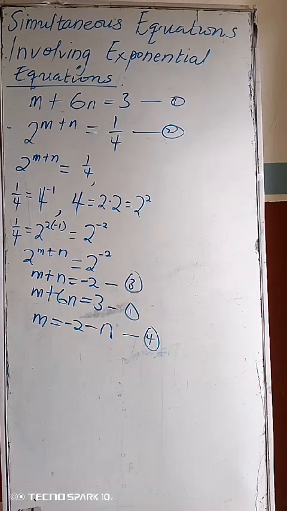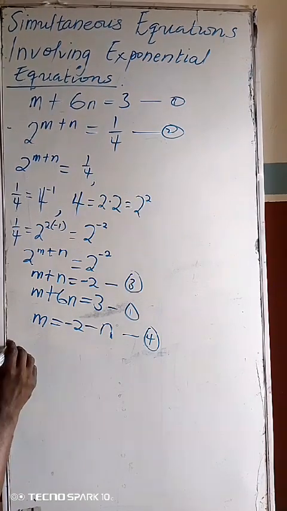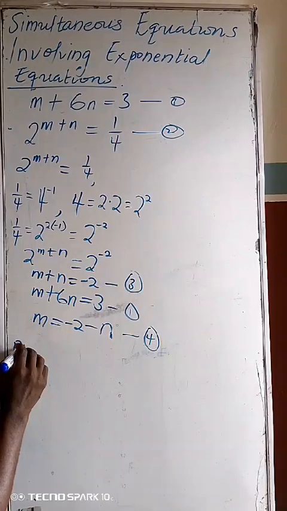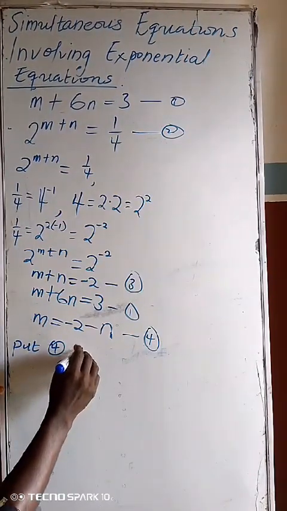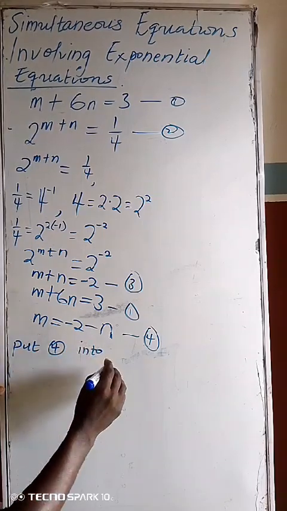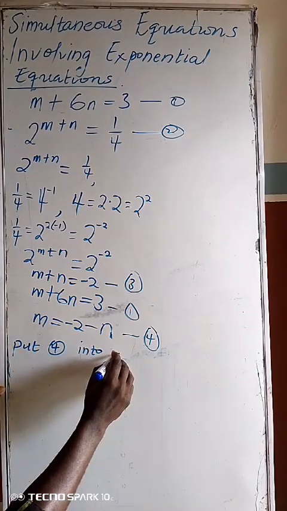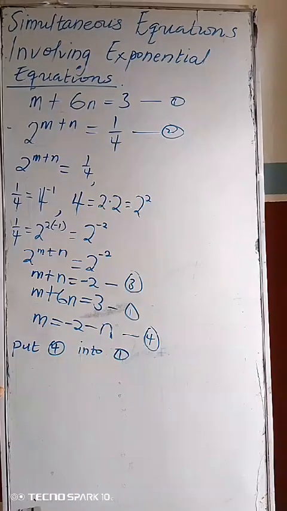We are doing substitution here, meaning that going back to equation 1, wherever we see m, it is equal to negative 2 minus n. So we put equation 4 into equation 1.